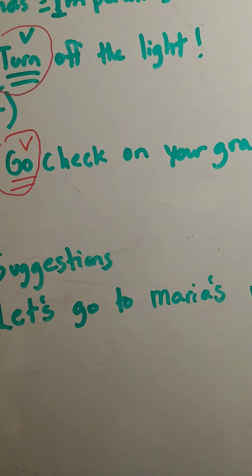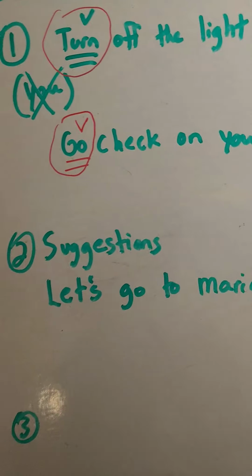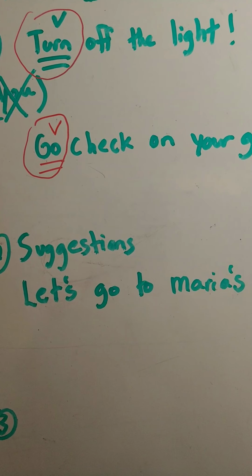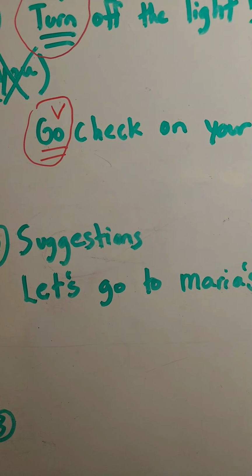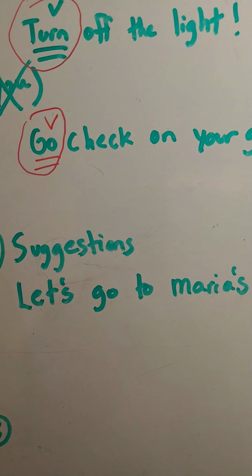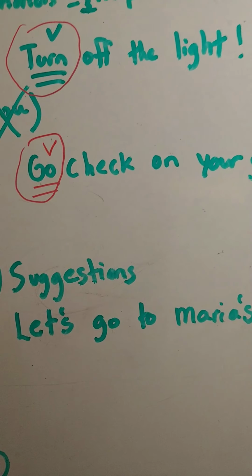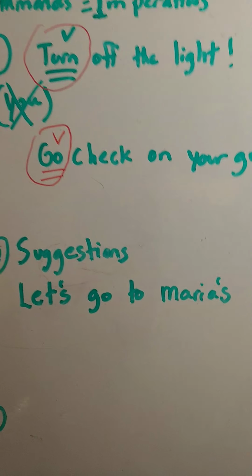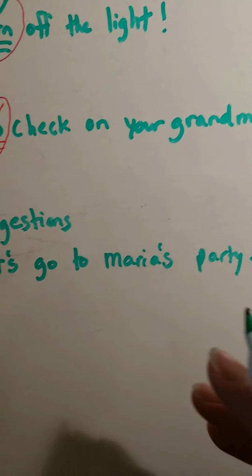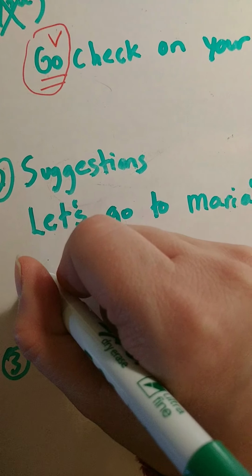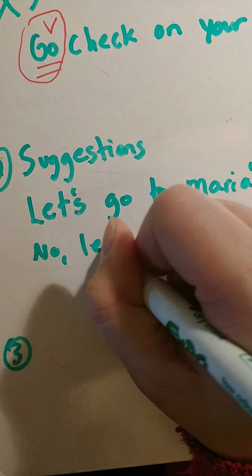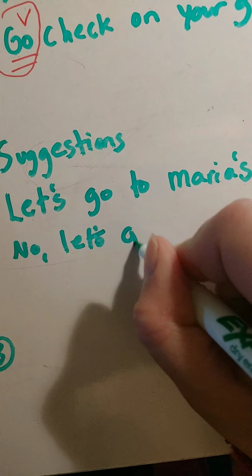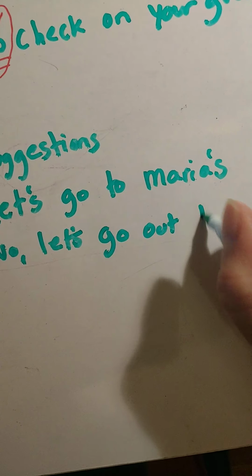This sentence would happen maybe when a group of friends are together and they're discussing what to do. Maybe one person will say, let's go to Maria's party. Maybe another person would say, no, let's go out to eat.